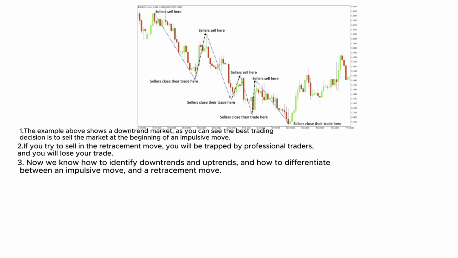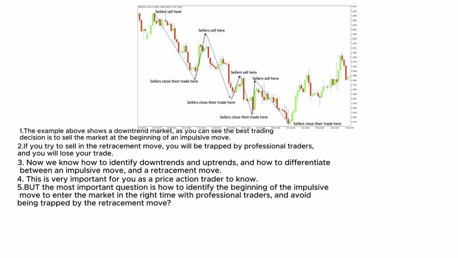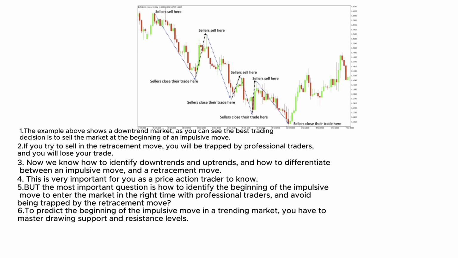Now we know how to identify downtrends and uptrends and how to differentiate between an impulsive move and a retracement move. This is very important for you as a price action trader to know. But the most important question is how to identify the beginning of the impulsive move to enter the market at the right time with professional traders and avoid being trapped by the retracement move.